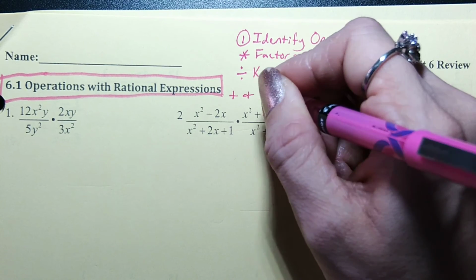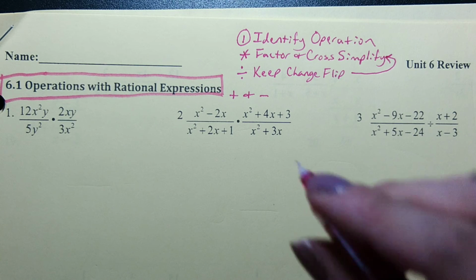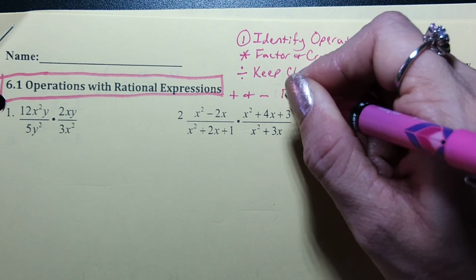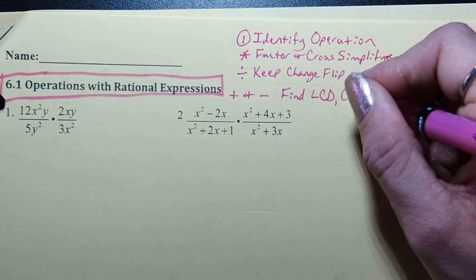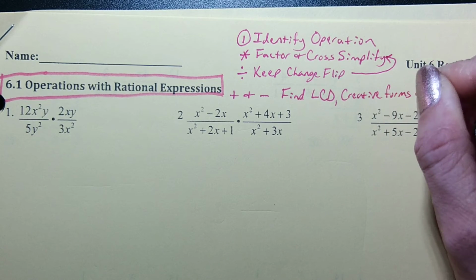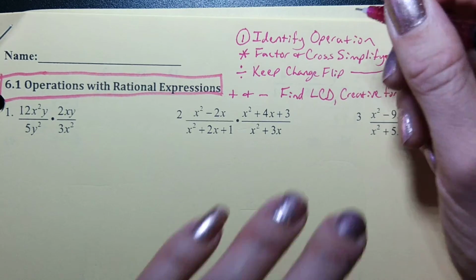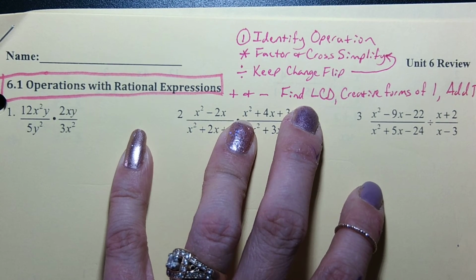Adding and subtracting. What makes that operation that much harder? Common denominator first. So find LCD, create forms of 1. Add tops and simplify.